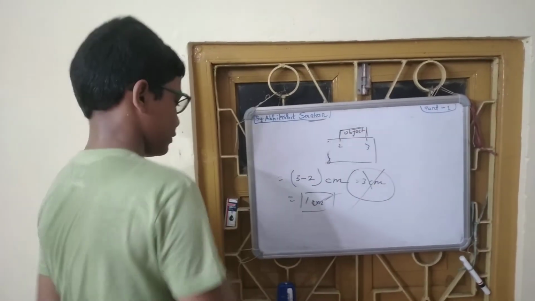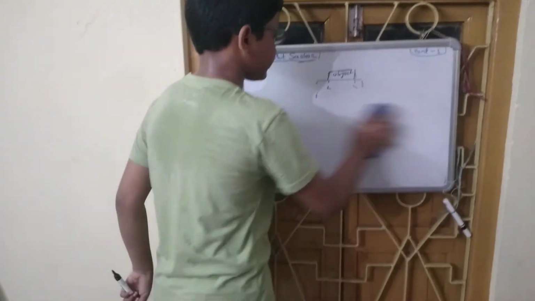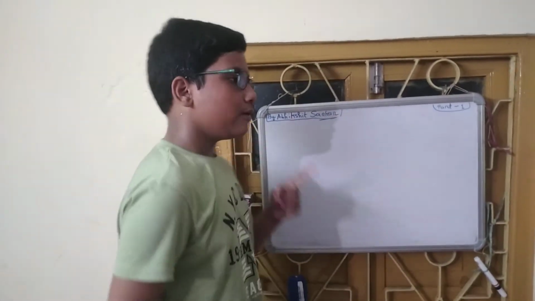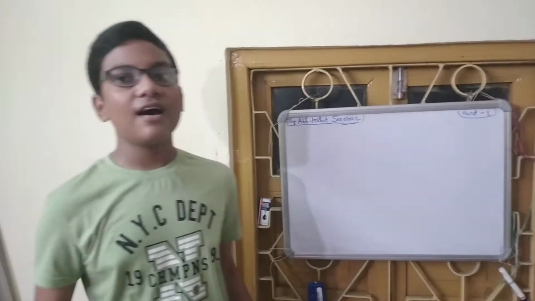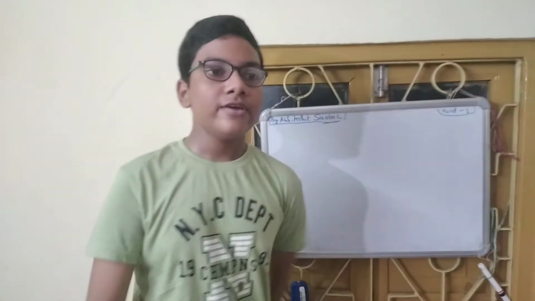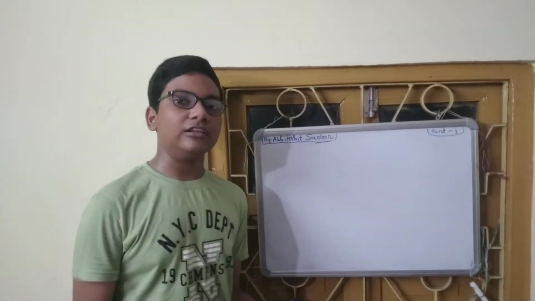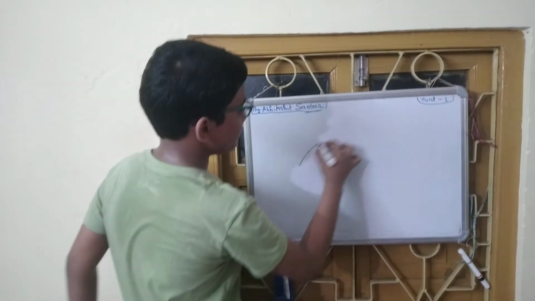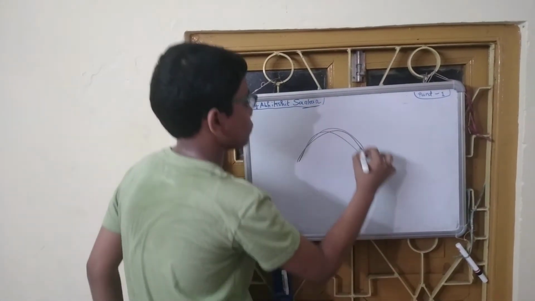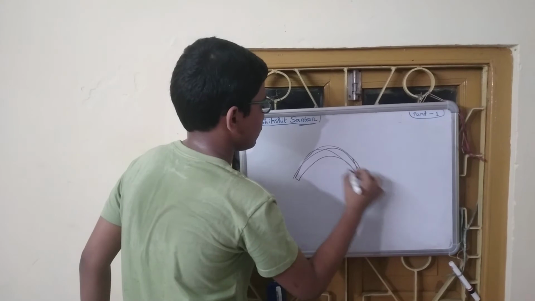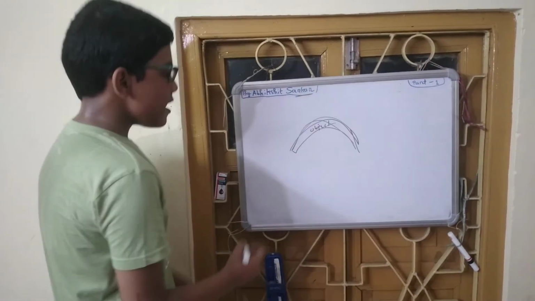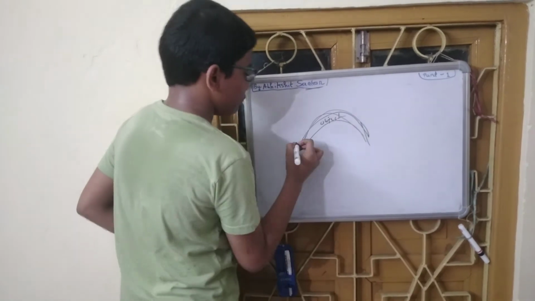Now how do we measure the length of a curved line? We only know how to measure the length of a straight line. If this is an object and it is curved, we have to take some parts of it.